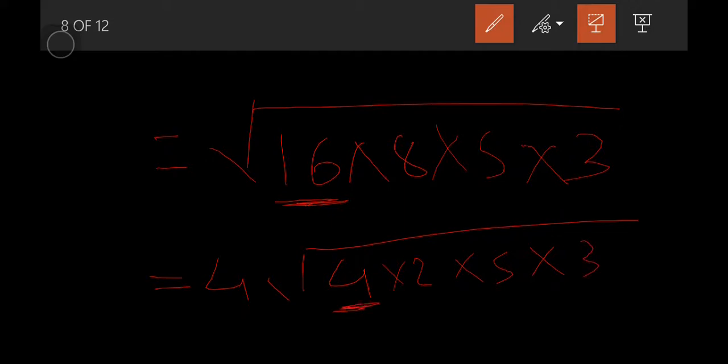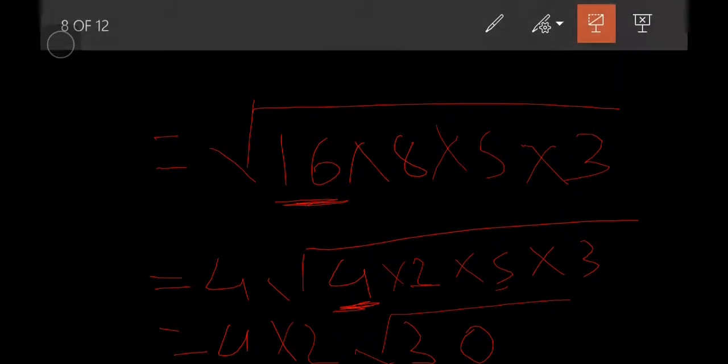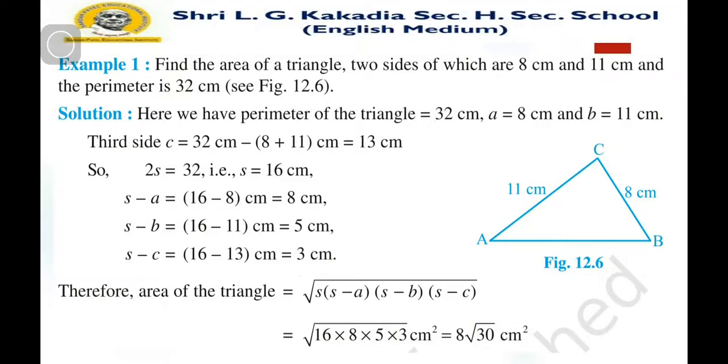We can find the square root of 4, 4 into 2, and the remaining will be 2 into 5, that is 10 into 3, so 30. So in this way we get 8 square root 30 centimeter square. So by this formula derived by Heron, that is Heron's formula, we can find the area of any triangle.